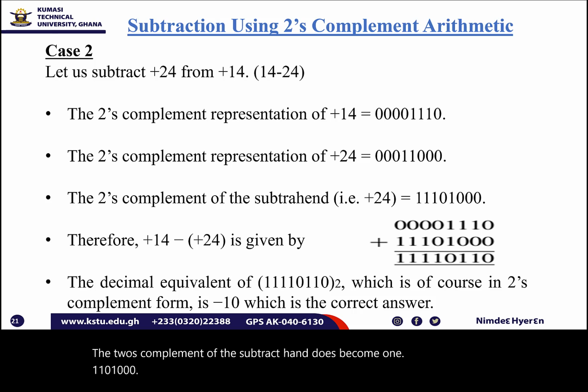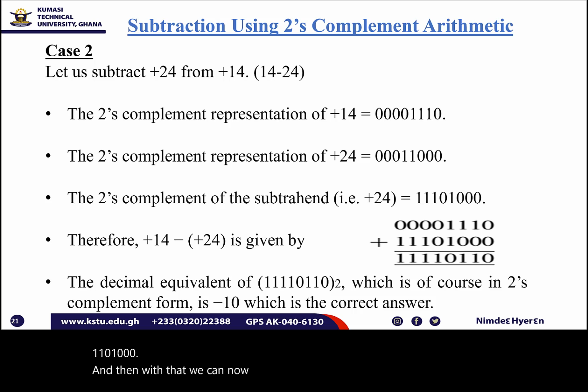Okay, and then with that we can now find the arithmetic of same, and that will give us negative 10.